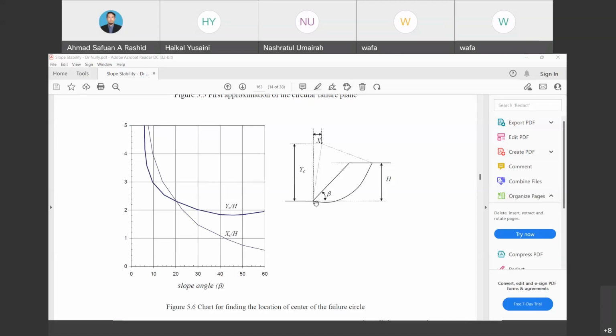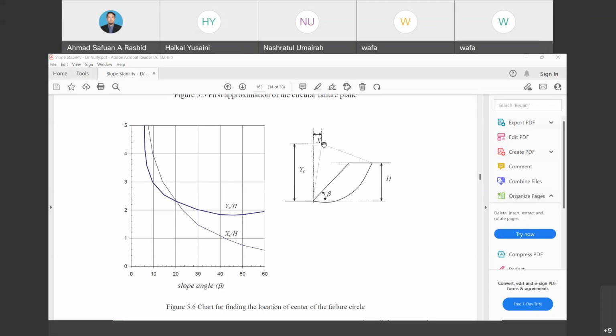By referring to the toe, we draw a line, then the line should shift to the right side, which is 1.5 distance from the toe location. Then from there, we may determine the point of origin.